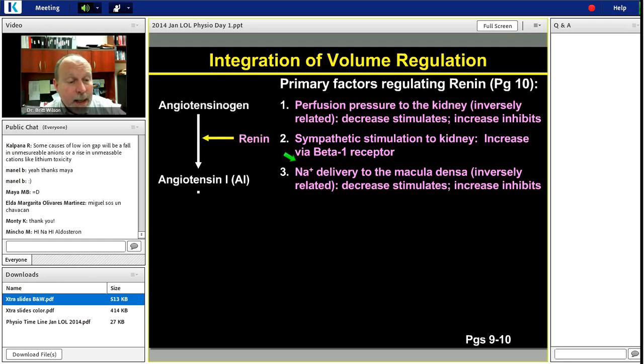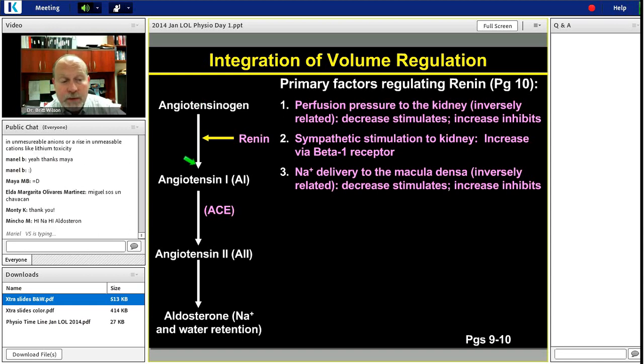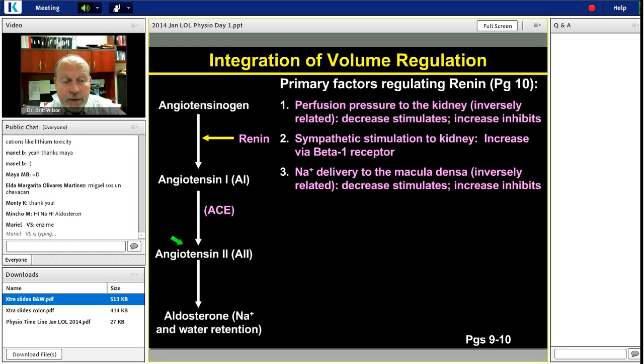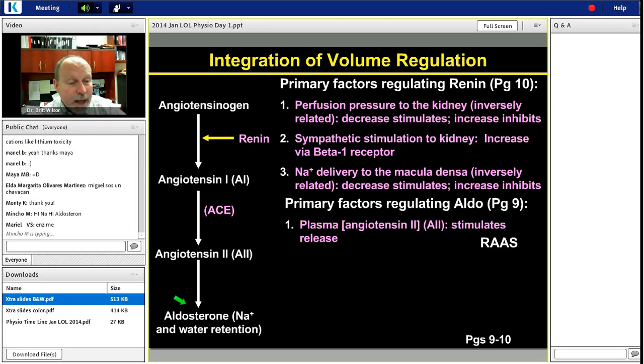Why do we care about renin? Because renin converts angiotensinogen to angiotensin 1. Angiotensin converting enzyme converts angiotensin 1 to angiotensin 2, which is the active form of angiotensin. And angiotensin causes vasoconstriction, but it also causes aldosterone release. So, primary factors regulating aldo, I just call it aldo.